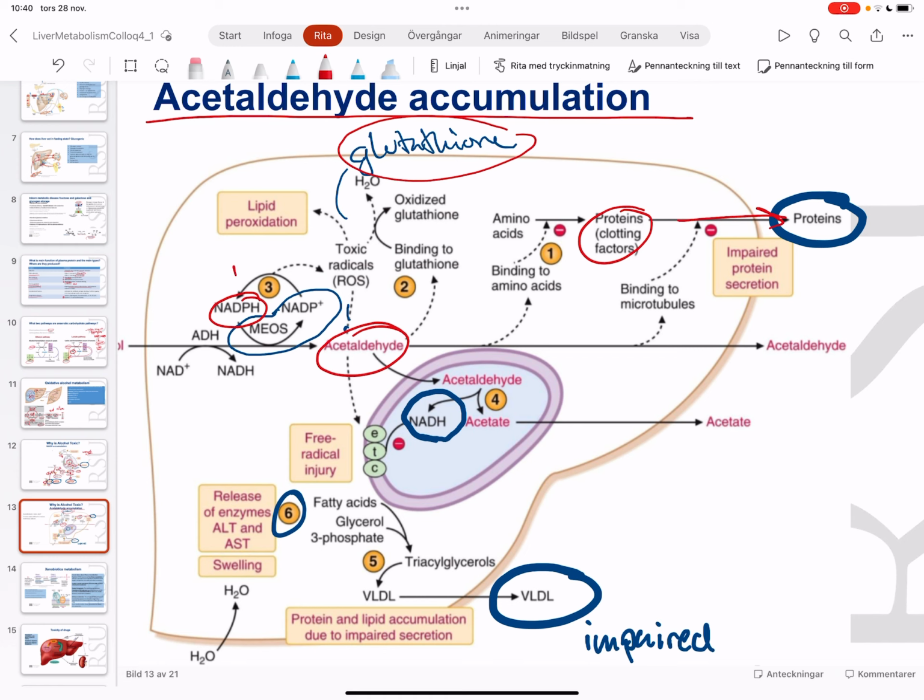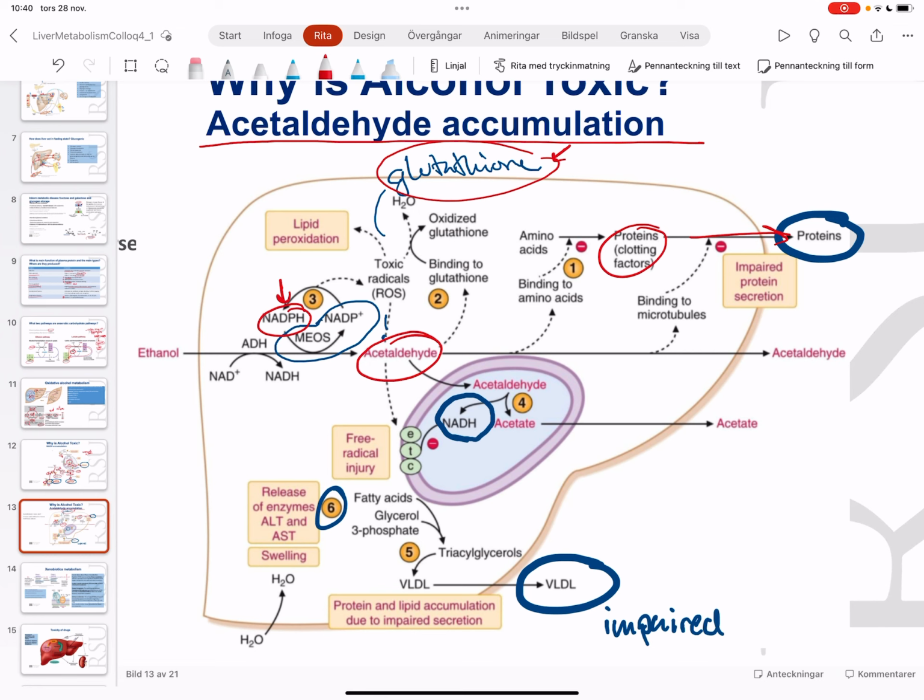But if both NADPH and glutathione are depleted, then there will be a lot of reactive oxygen species just running around in the liver, and that's not good, as they will steal electrons from the phospholipids and from the proteins and DNA.